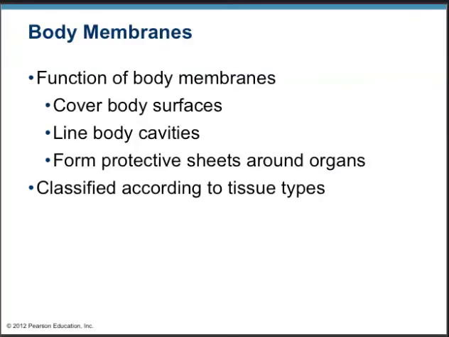Remember that when we're referring here to membranes, we're talking about a tissue that has a common function, and the tissue is made up of both epithelial and connective tissue in most cases.